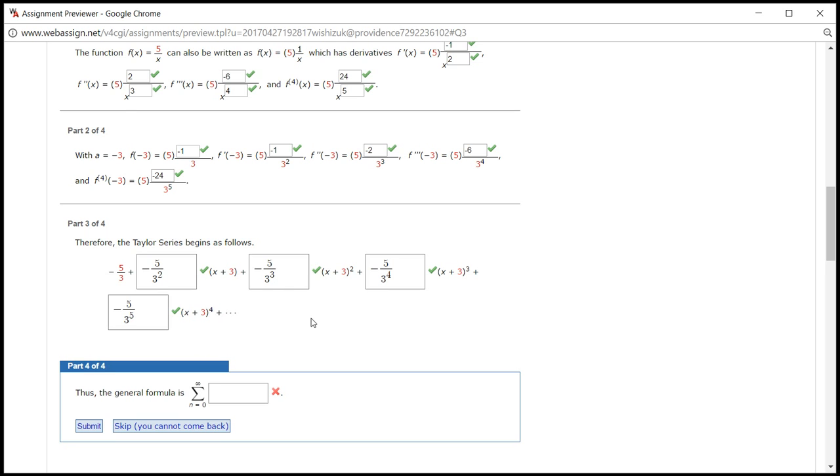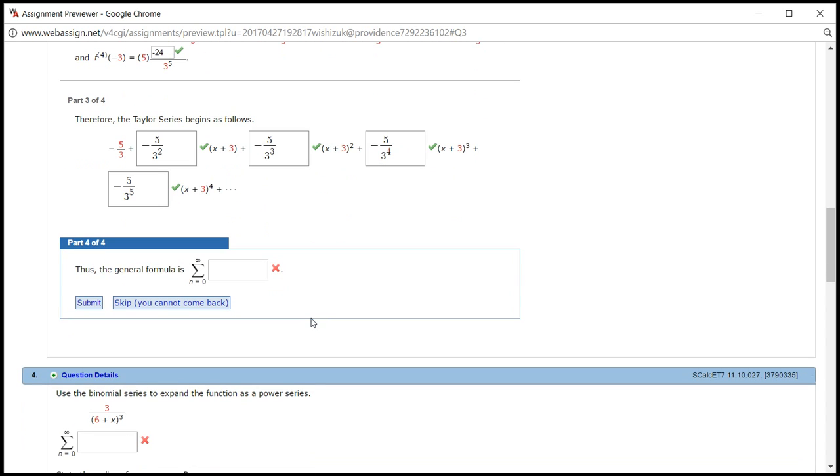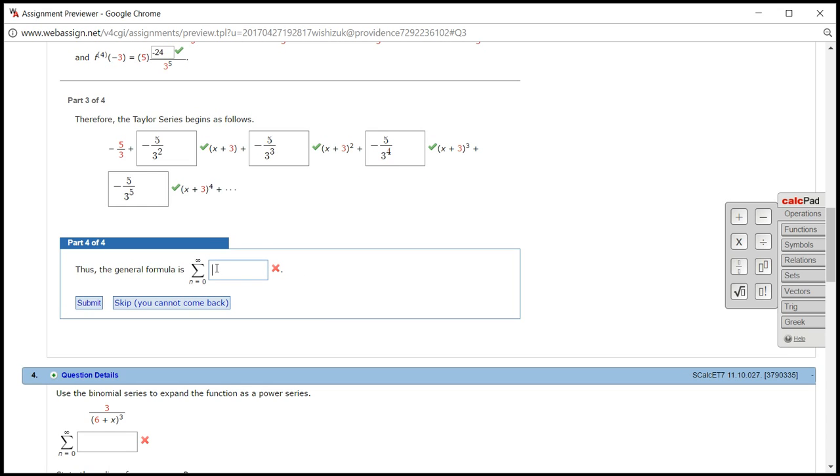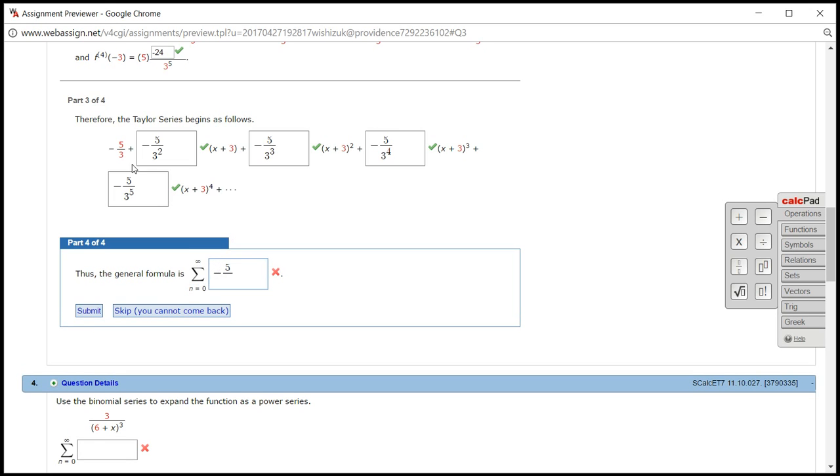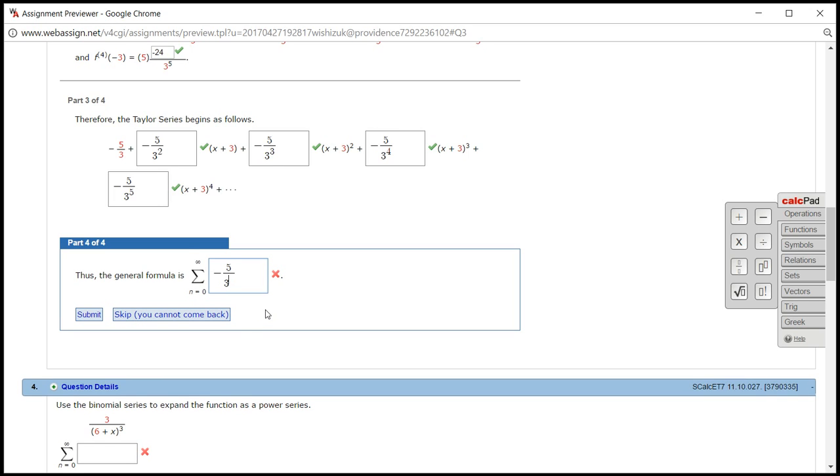All right, let's do the final part 4. So we got a formula. So it looks like -5 is always there. So it's a -5, and then divided by, let's see, the first power is going to be 2, and the second power is going to be 3. So it's going to be always 3 to the n plus 1 power.